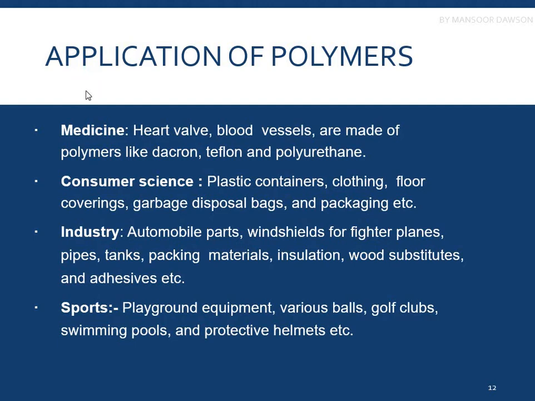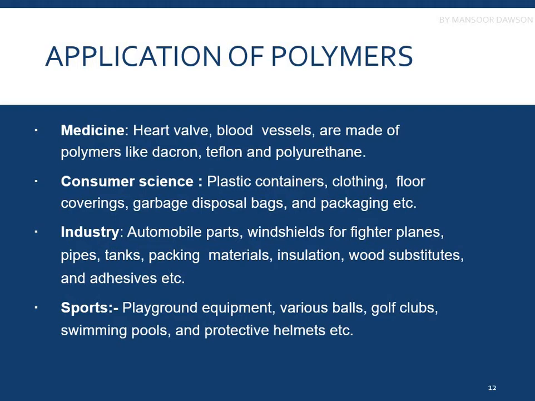In medicine, we use them to create heart valves or blood vessels, which are made of polymers like Dacron, Teflon, and polyurethane. In consumer sciences, polymers are used in plastic containers, clothing, covering, garbage disposal bags, etc.